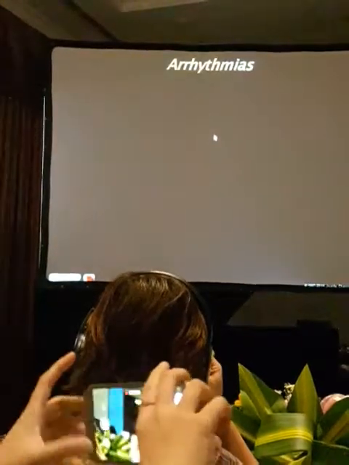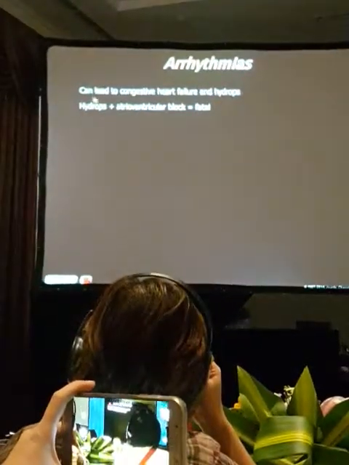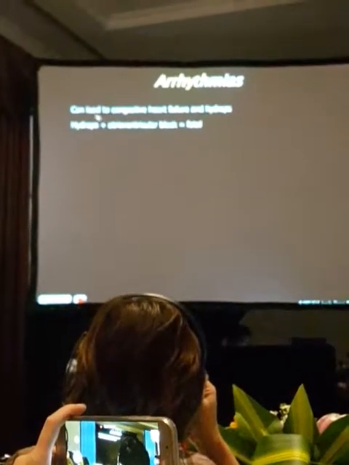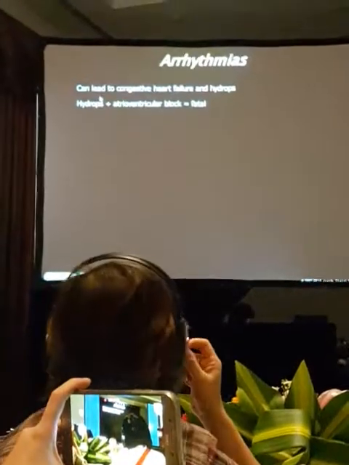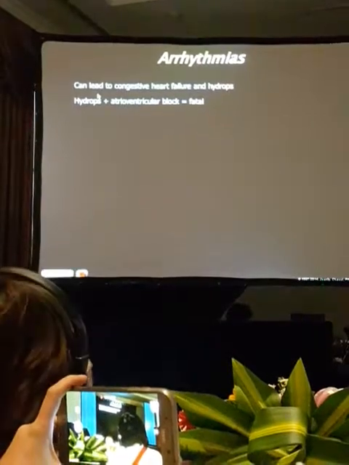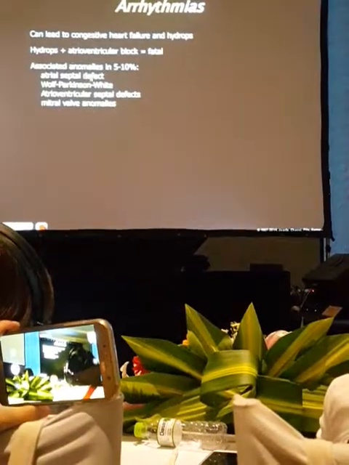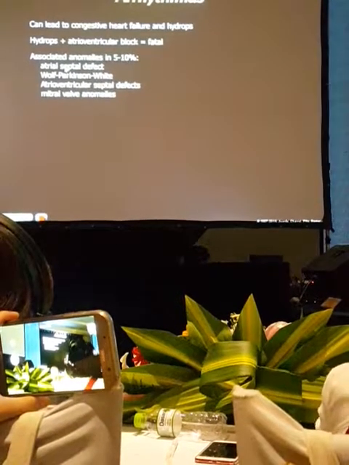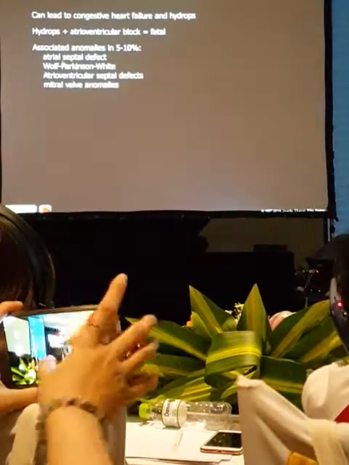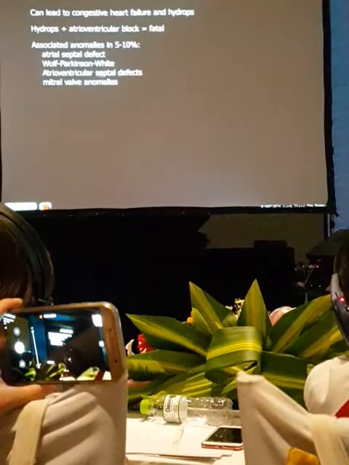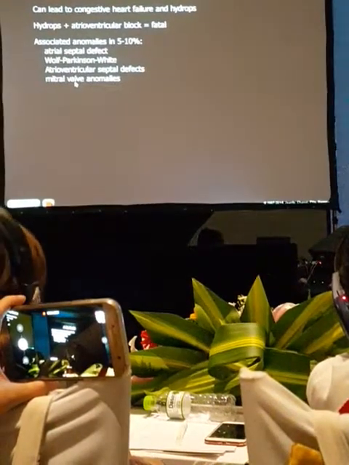And the reason we have to pay attention to arrhythmia is that they can lead to congestive heart failure. And if you have a baby that has hydrops and an AV block, this is usually a fatal outcome. So you have to detect those babies because some of these AV blocks can be corrected prenatally, and it's important to recognize these. Some of these babies have associated structural anomalies, particularly atrial septal defect, Wolff-Parkinson-White, mitral valve anomalies.